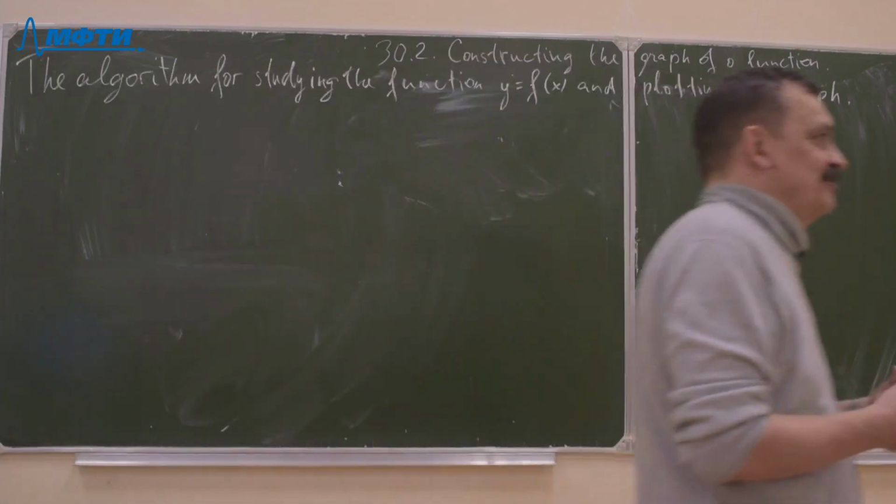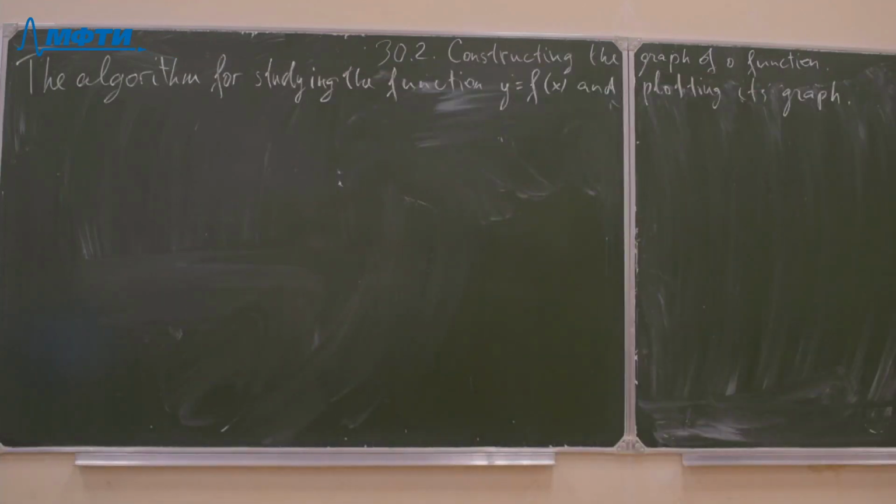I understood that one piece of the graph was lost because of different scales. Different parts of the graph had very different scales. Of course, it was not a very good plotter, but nevertheless a piece of graph was lost completely by the computer.